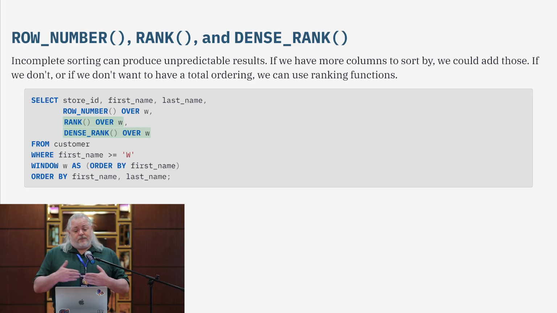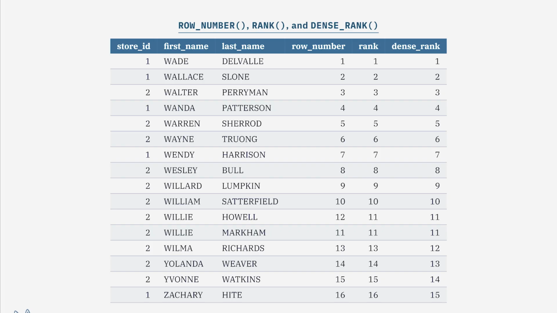What these do is they give the same number to peers. And so if we look at this, now we see that for rank and dense rank, both Willies have an 11. The way I like to explain this is like the Olympics.